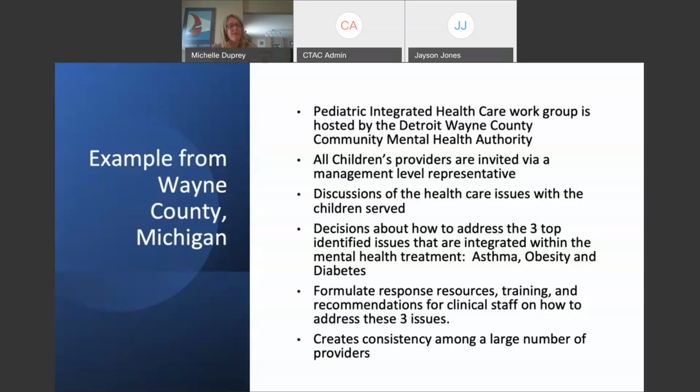We want to keep it helpful, and make me as the mental health provider feel adequate in the service I'm providing, able to talk about some of these things. Obviously, you're not treating the asthma, but you want to be able to talk about how asthma and anxiety are related. It's just that level.